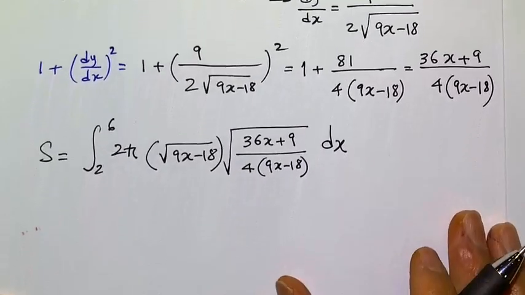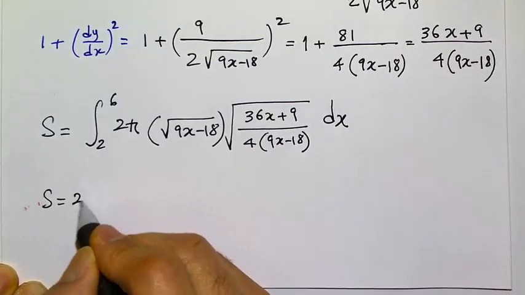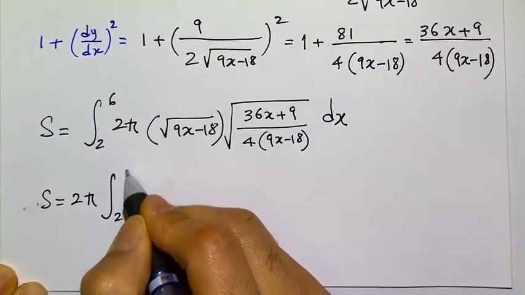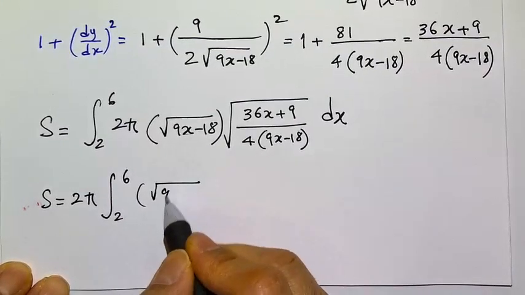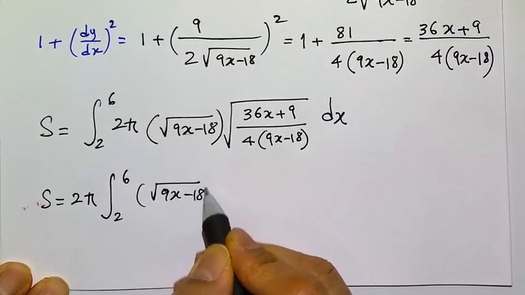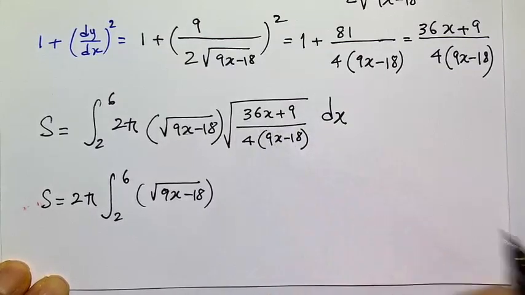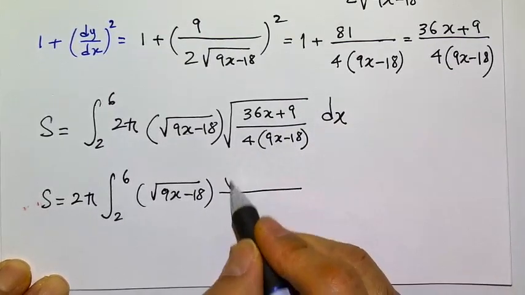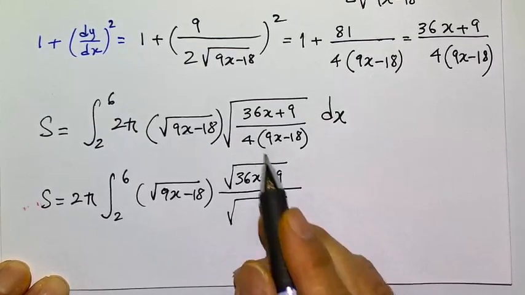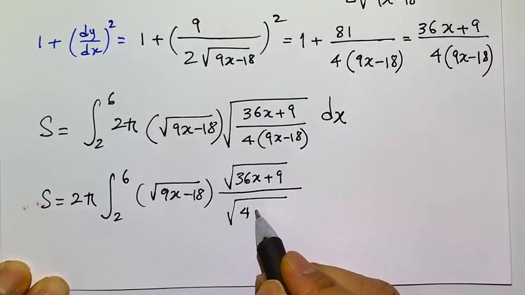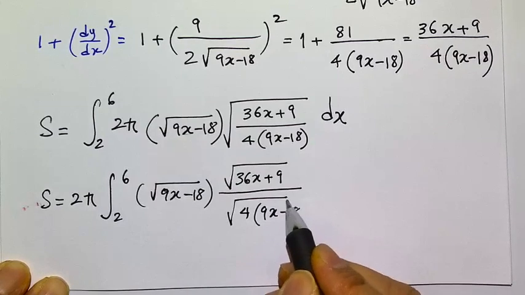Let's simplify things a bit. I'm going to put the 2 pi in front. Integral from 2 to 6. I'm going to keep this the same way, so square root of 9x minus 18. I'm going to distribute this radical separately over the numerator and the denominator. So we have square root of 36x plus 9 over square root of 4, times, I should have done it right away, but it's okay.